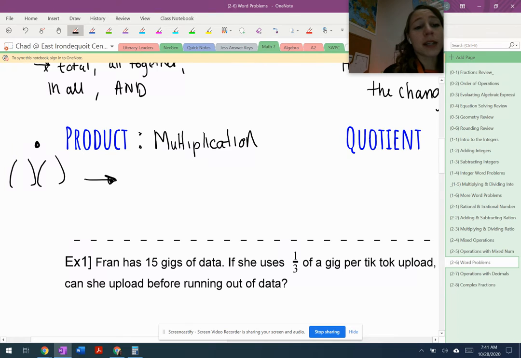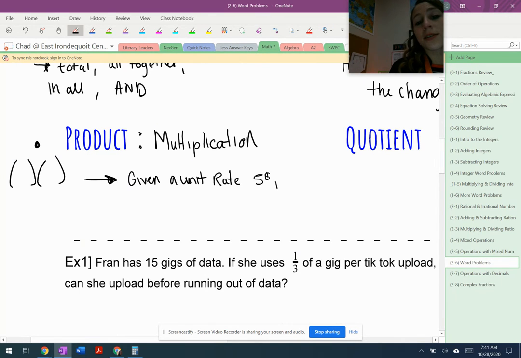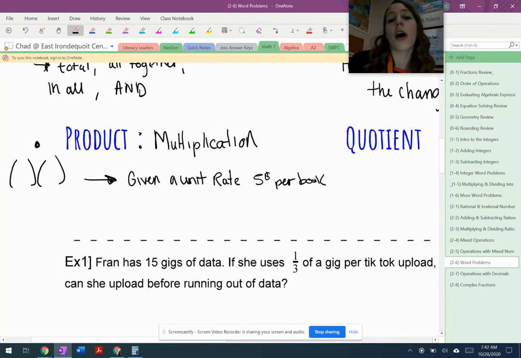Keywords in a problem that might tell you that you're doing multiplication are things like when you are given a unit rate. So if you're given something like $5 per book, you might need to do some multiplying to find out how much it would cost for like 20 books.